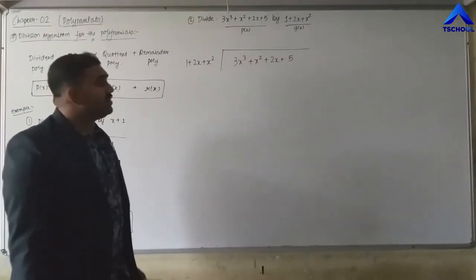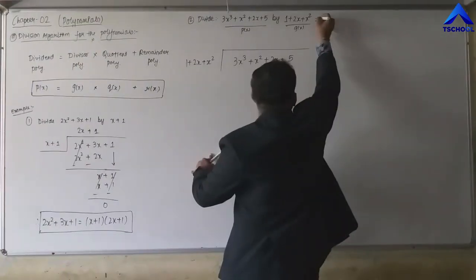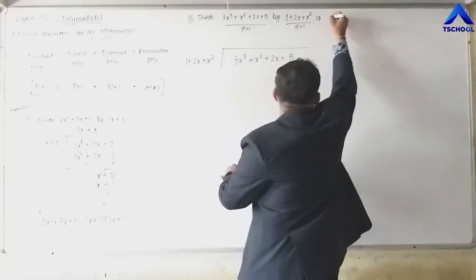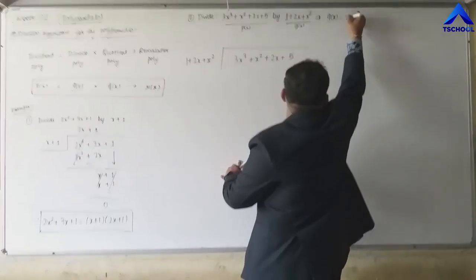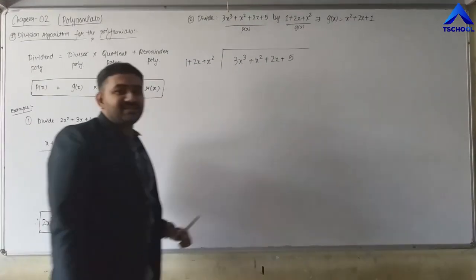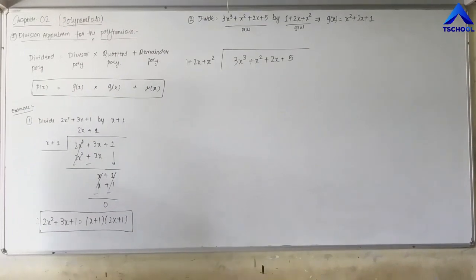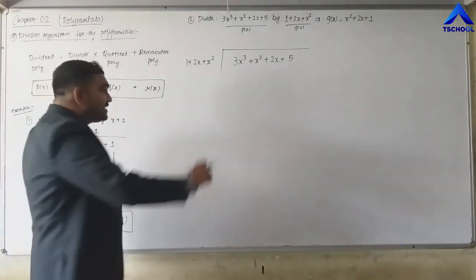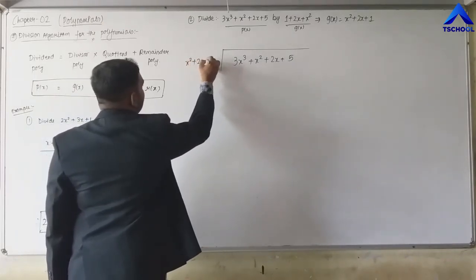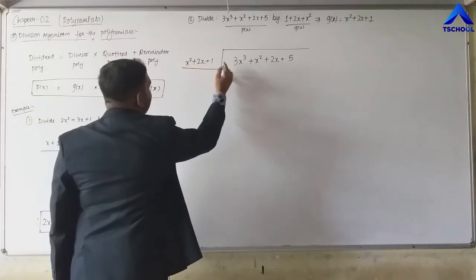The first thing you are going to do is rearrange the terms for g of x. That is, g of x will now be equal to x square plus 2x plus 1. As I said, the terms of any polynomial must be arranged so that the powers of the variables are in descending order. So this g of x will now be x square plus 2x plus 1. Now you can easily divide this.